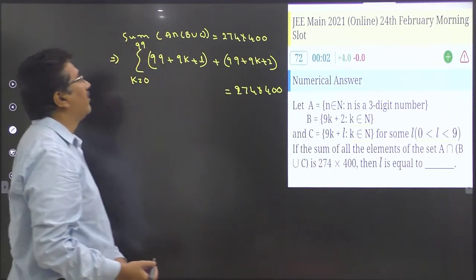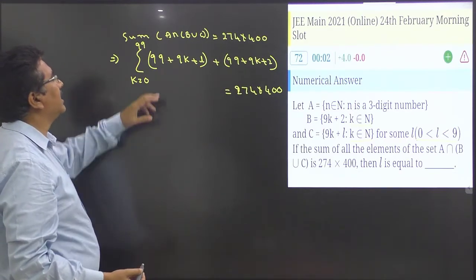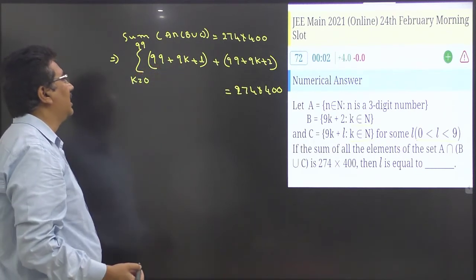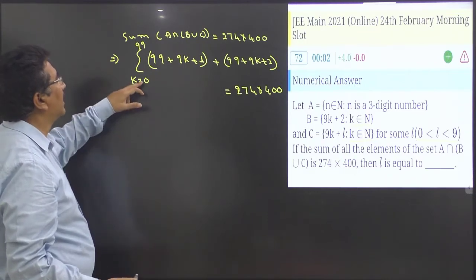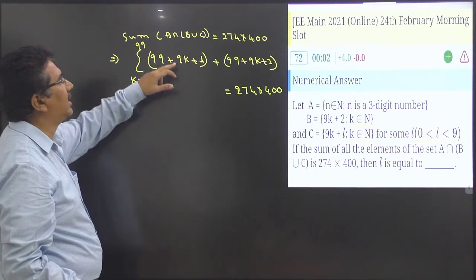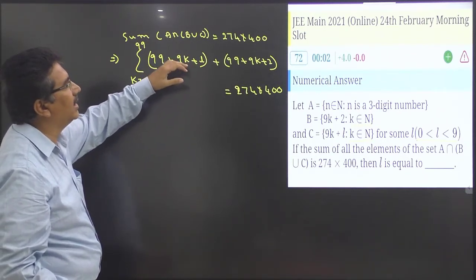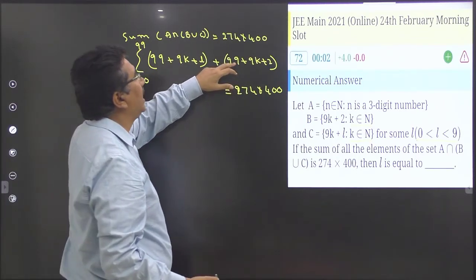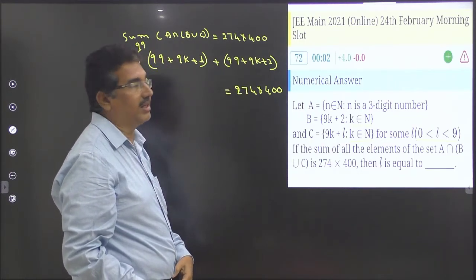The elements of A intersection B union C are of the form 99 plus 9k plus L. Suppose we put k equal to 0, then 99 plus 2, that is equal to 101.